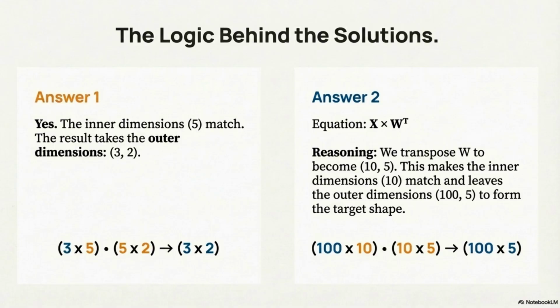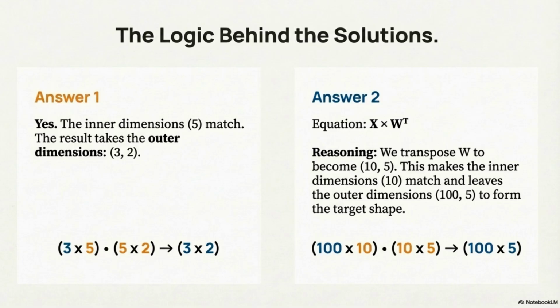This slide walks through the reasoning for the previous problems. For the first scenario, the inner dimensions are both 5, so the multiplication A times B is valid. The result takes the outer dimensions, giving a matrix of shape 3 by 2. For the second scenario, we want an output of 100 by 5. X already has 100 rows and 10 columns.